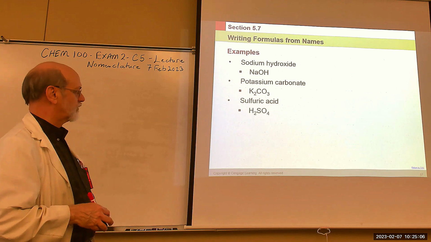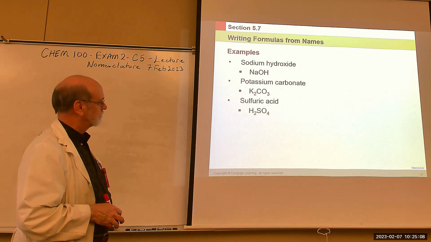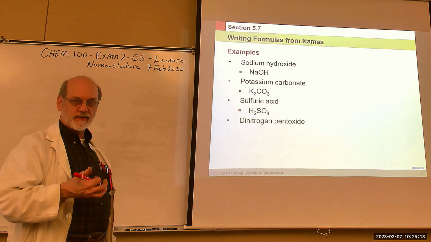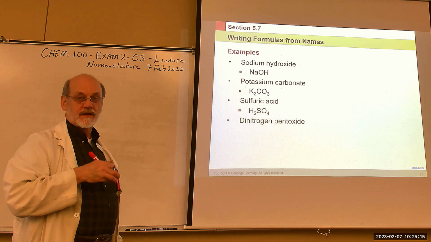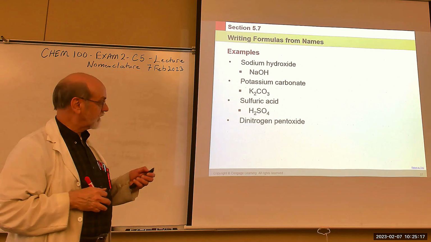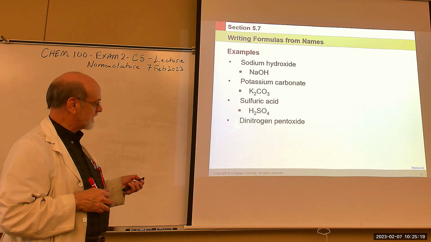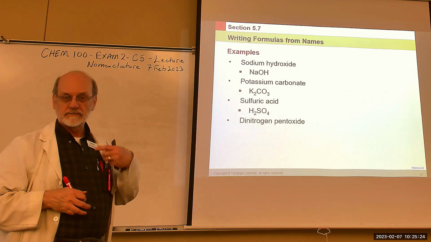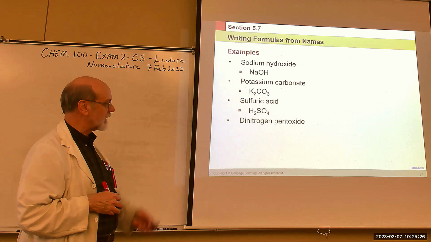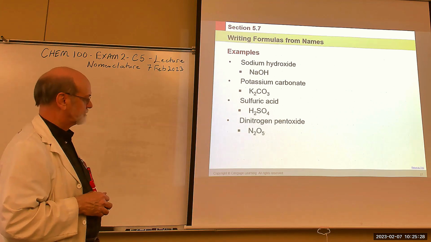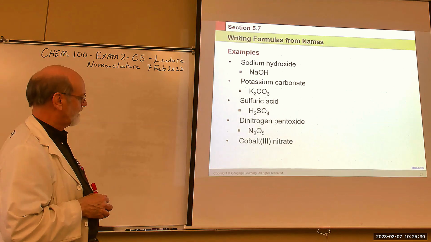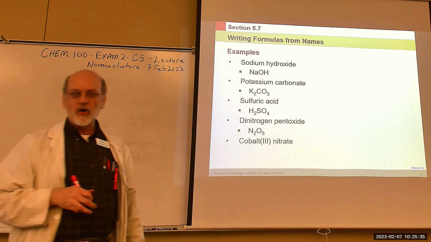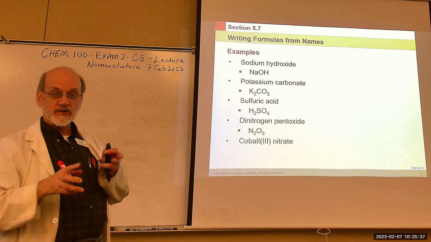Sulfuric acid, we did that one before. I'm not going to beat that one again. Dinitrogen pentoxide. We know it has nitrogen, it has oxygen, and correctly, Greek prefixes tell us how many because these are both nonmetals. It's a type 3 compound. Cobalt, yes. Cobalt is one of those that can have variable charge.